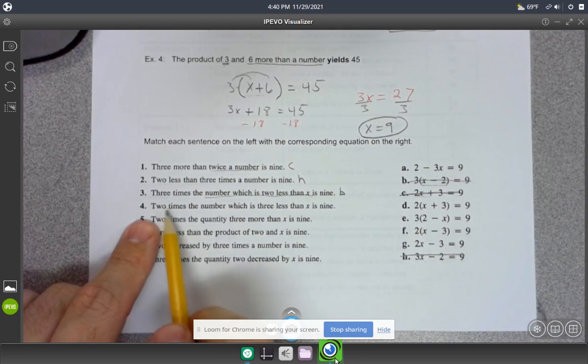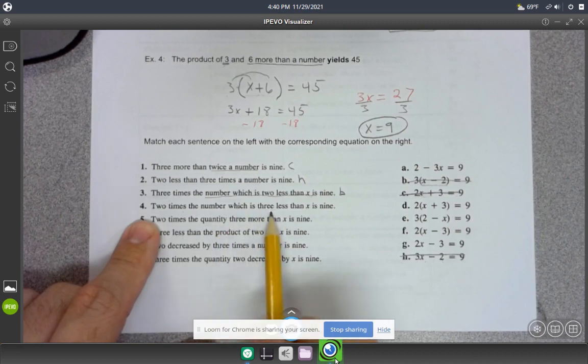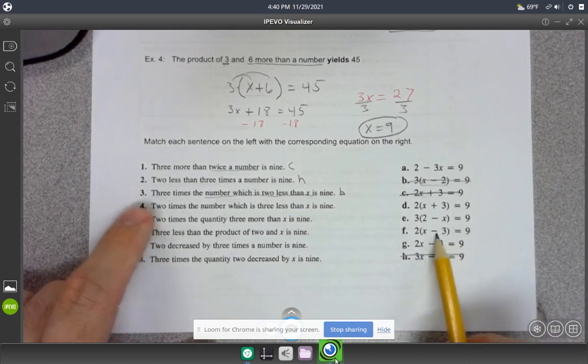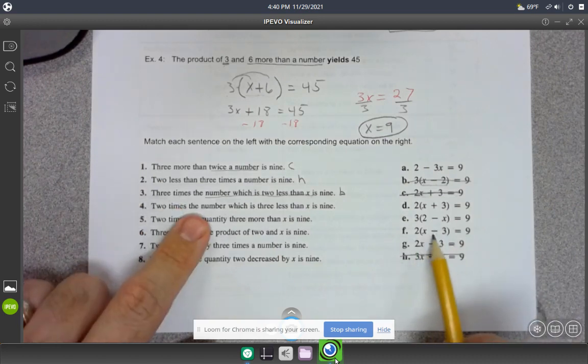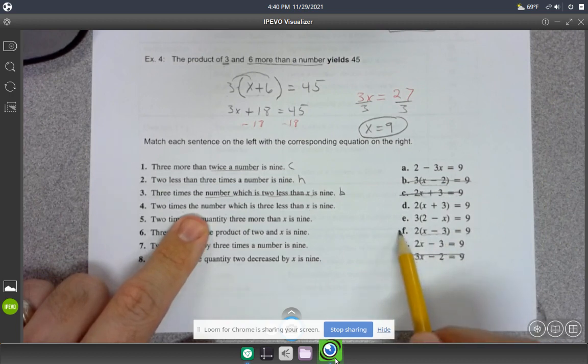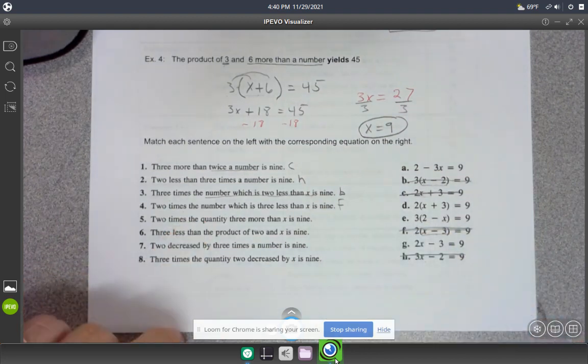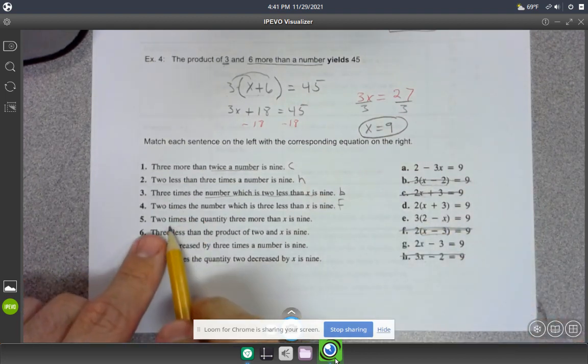Okay, all right, 2 times the number, which is 3 less than x. Okay, same type of thing. All right, 3 less than x, and it's 2 times the number. So 3 less than x, and I'm doing 2 times that. So that's going to be option F. Okay, 2 times.